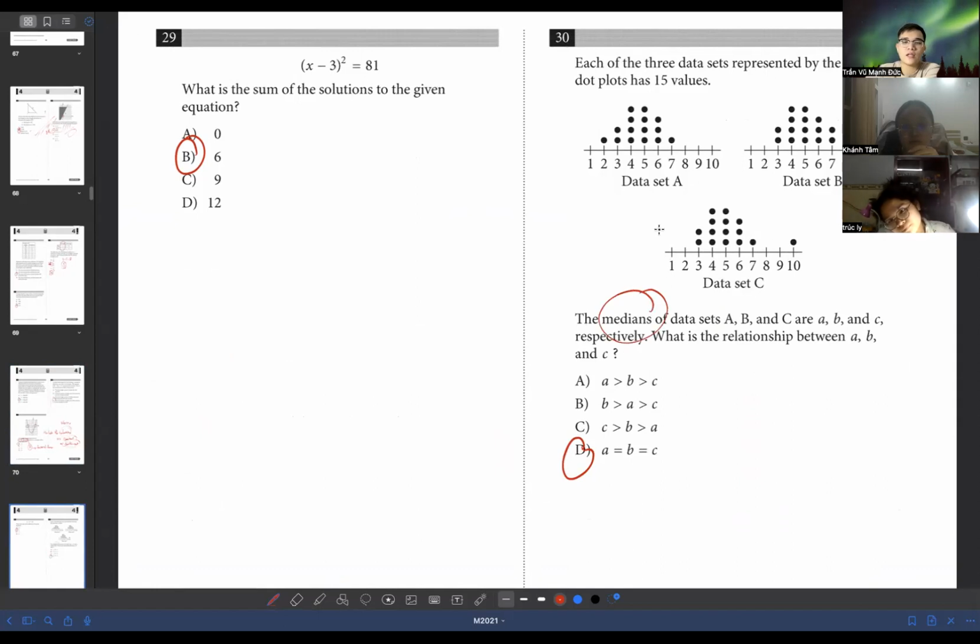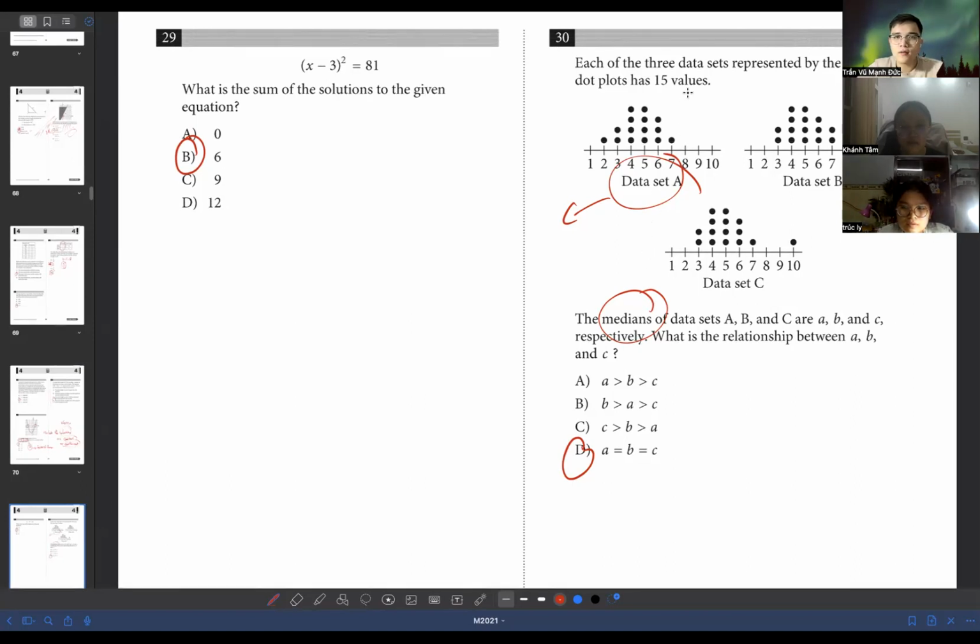Oh, the median. For the median, you just have to calculate, quite easily. What is the median of A? 4.5.